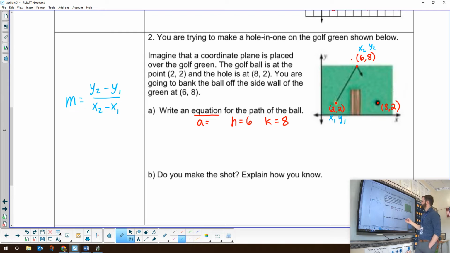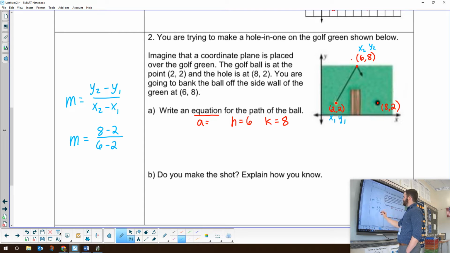And then I can plug this in over here. I can go, my slope for this piece is going to be 8 minus 2 over 6 minus 2. And of course, 8 minus 2 is 6, 6 minus 2 is 4, and then 6 fourths reduces to 3 over 2. So my a is going to be 3 over 2.